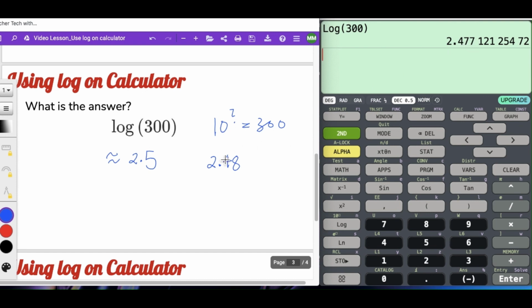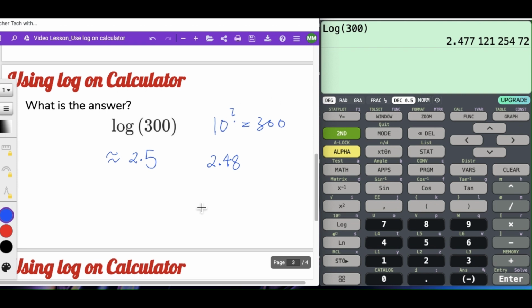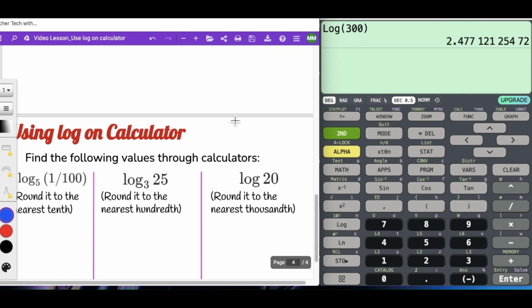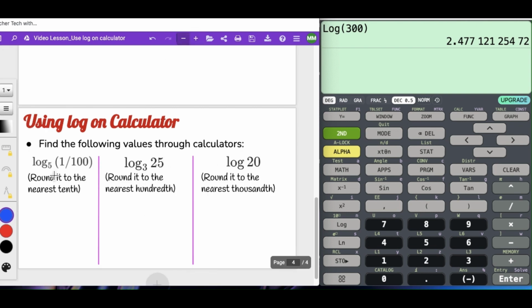Okay, so that's how we use log. But sometimes it's not just log. We can ask questions regarding a different base. Let's check this one. We are going to check all these 3 questions here and see how we find the log. The first one has base 5, the second one has base 3, and the third one is the common log again.